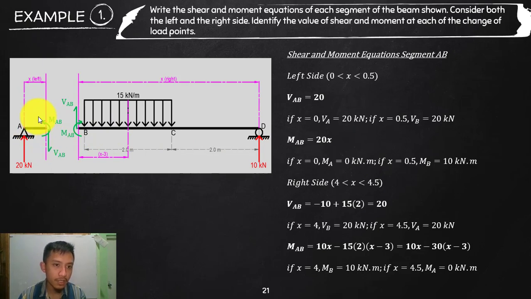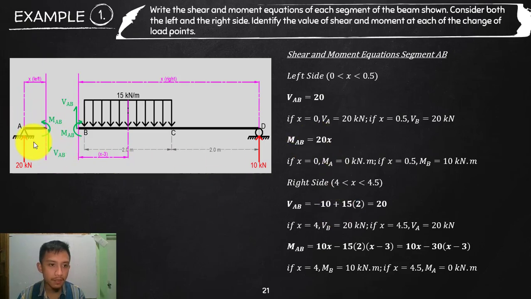The unknown that we are referring to is MAB, which is counterclockwise. That means that on the other side of the equal sign, since this one that we are establishing is counterclockwise, it is the opposite direction. So positive. So again, all the clockwise moment with respect to my cross section is positive.